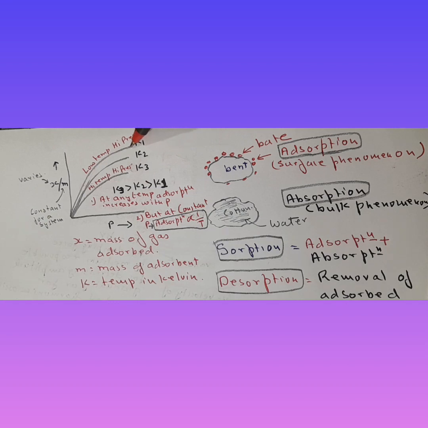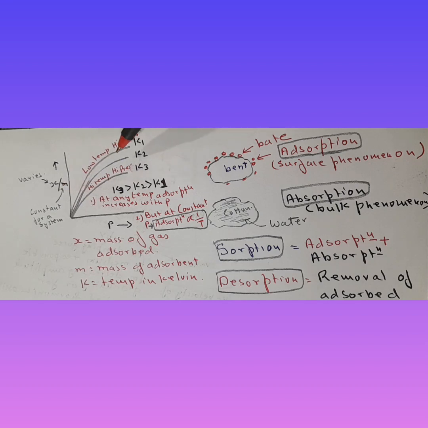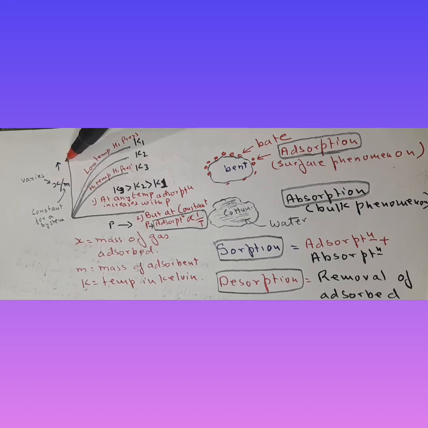When the temperature is lowest, adsorption is maximum. When the temperature is highest, adsorption is minimum. So what can we conclude? Low temperature and high pressure is what is required for adsorption to be high.